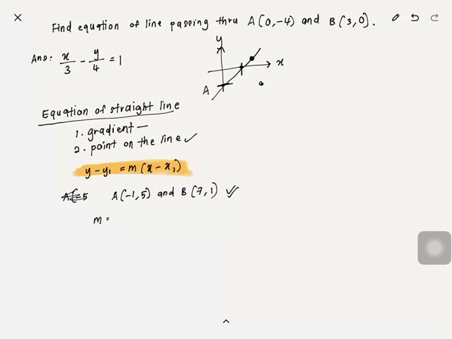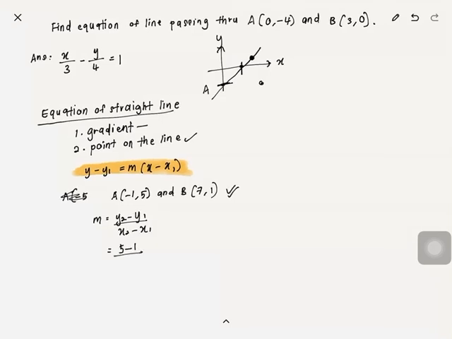So how do you find the gradient? Simply you must use y2 minus y1 over x2 minus x1. So 5 minus 1 over -1 minus 7, and your answer will be -1 over 2.